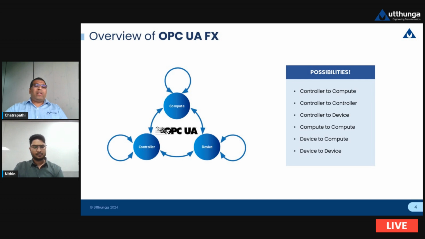This is when you have different compute platforms running different applications with their own way of communicating and different types of messaging structures and data models. It becomes really difficult to exchange information between multiple compute applications. With OPC UA FX adoption, that becomes very seamless and interoperable as well.